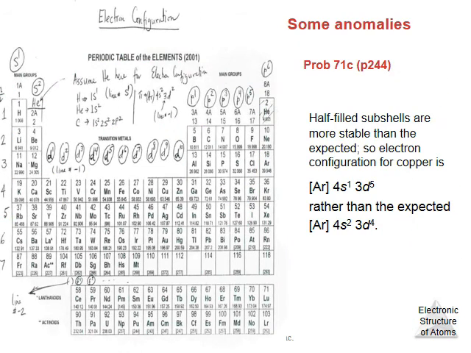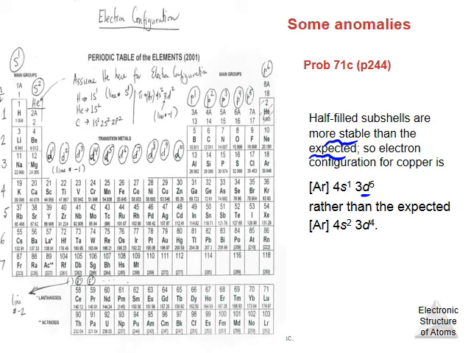Now here we're going to explain problem 71C. This is some kind of anomaly that you probably would not be able to understand just by looking at the periodic table. But by following the rule that half-filled subshells are more stable than expected. So in this case, we're dealing with d5.